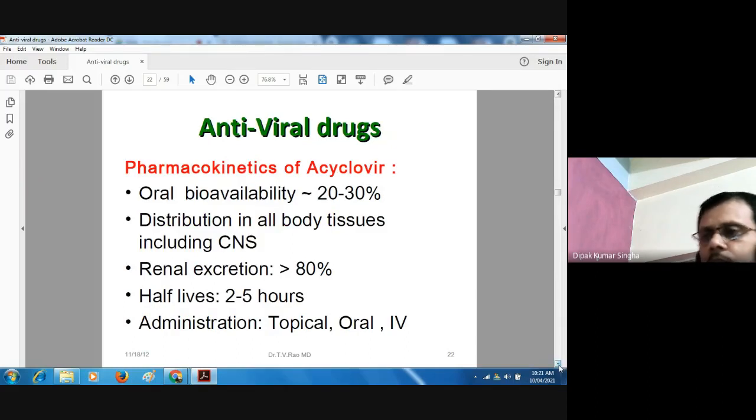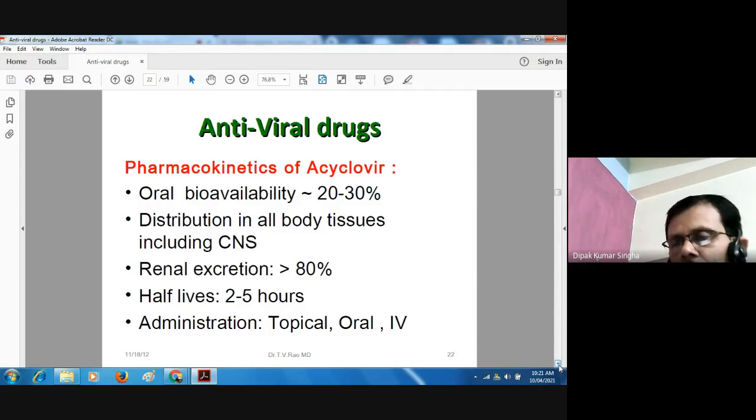And what are the pharmacokinetics, meaning the absorption, distribution, and metabolism of acyclovir? The oral bioavailability is very low, 20 to 30%. Distribution is in body tissues, including the CNS, the central nervous system, and renal excretion is greater than 80%.